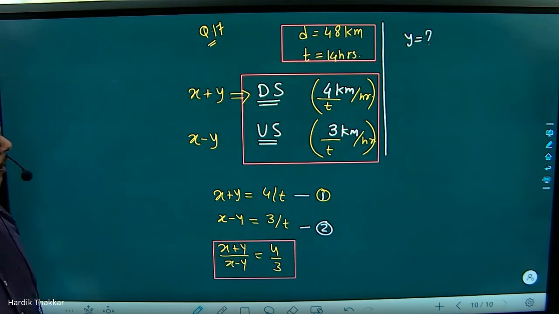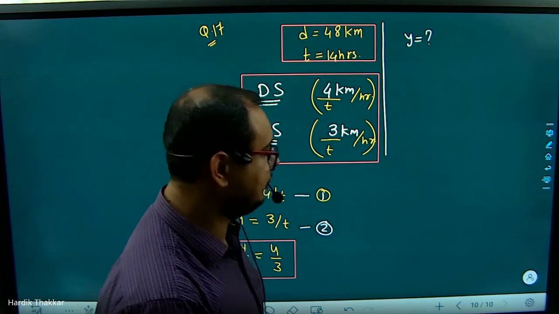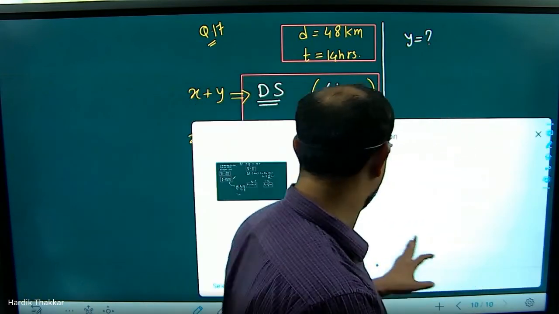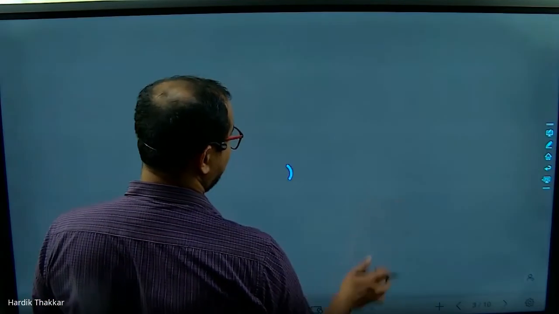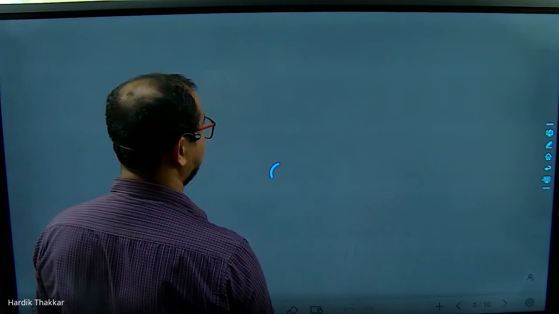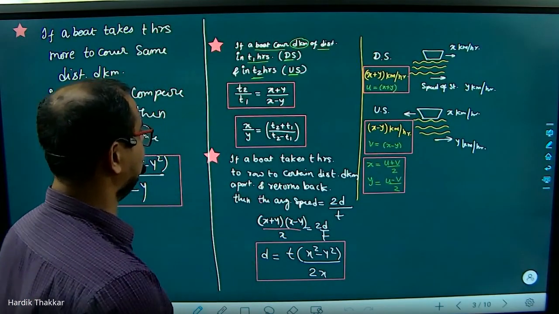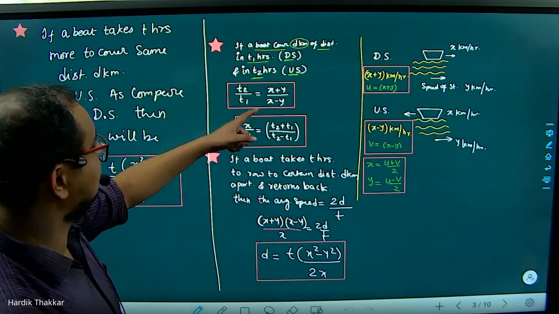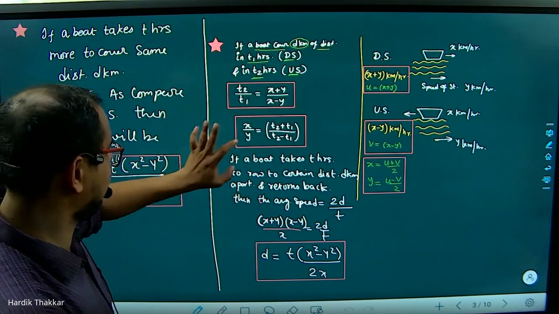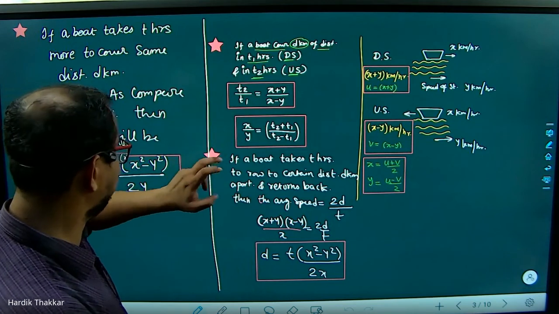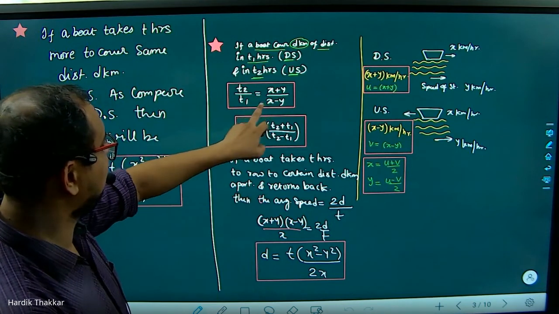Okay. Now just look at the conditions which we have studied in the start of this chapter. The condition we got is x plus y upon x minus y. I think this condition will not be applied. X plus y upon x minus y.